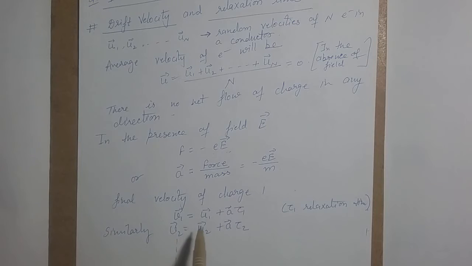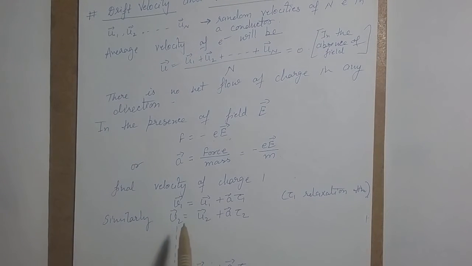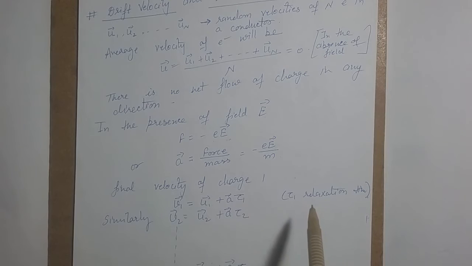Applying the first equation of motion, in this case u1 was the initial random velocity and tau 1 is the relaxation time, that is the time between two successive collisions. So when the electron was moving with velocity u1, it is accelerated with an acceleration of a, for the time just before the next collision.